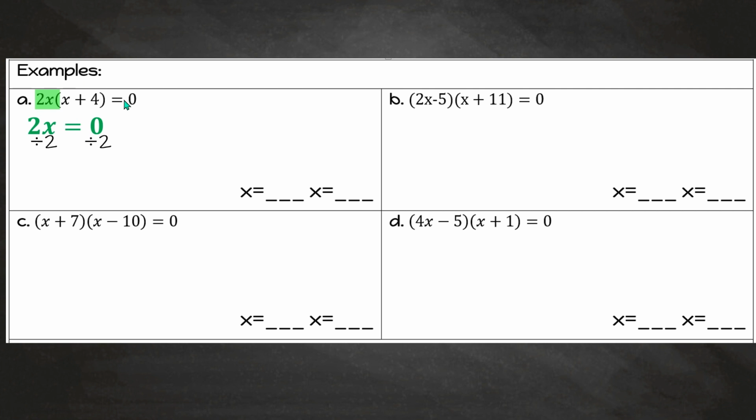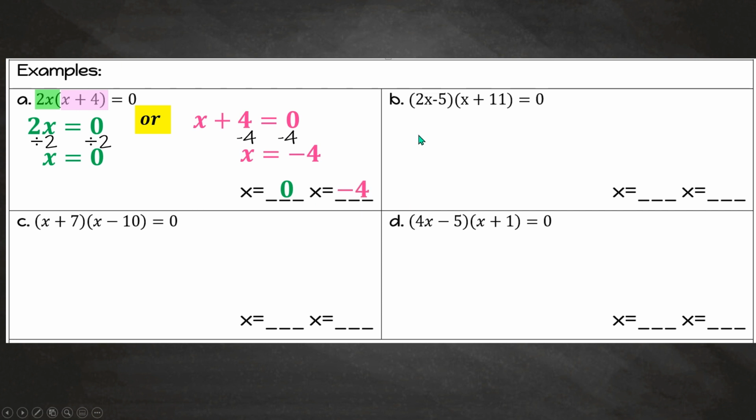Well, if 2x is equal to 0, even if I divide by 2, x still would have to equal 0. Or there is a possibility that this factor, x plus 4, is what's giving us the 0. So if x plus 4 is equal to 0, subtract 4 from both sides, and x could equal negative 4. So the two possible solutions for x are 0 and negative 4.